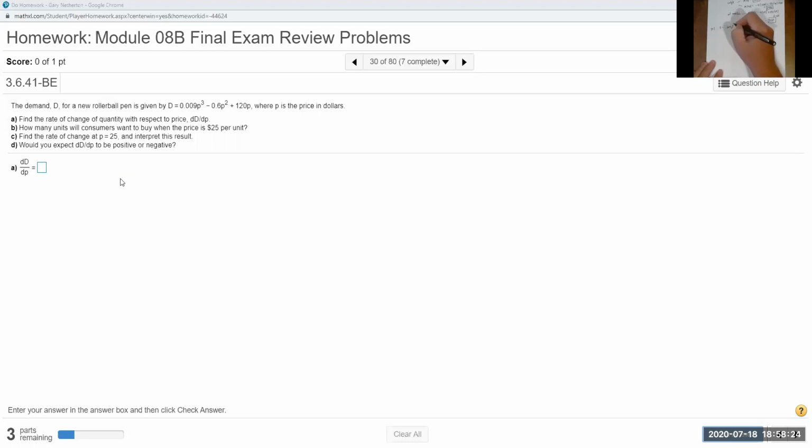I think with these decimals, the math is going to be sort of a pain. Everything's a decimal. Minus 0.6 P squared plus 120P.